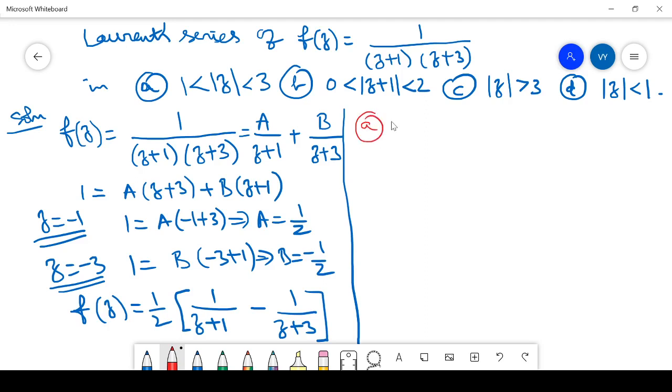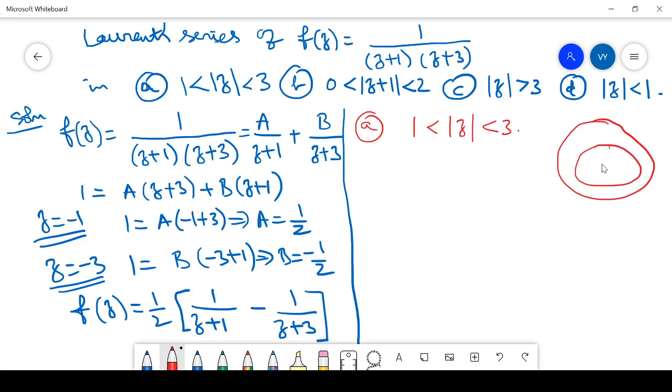Now the region is 1 < |z| < 3. How does this represent? You have two circles, |z| = 1 and |z| = 3. This will be radius 1 and this will be radius 3.